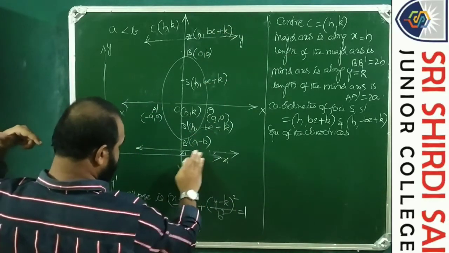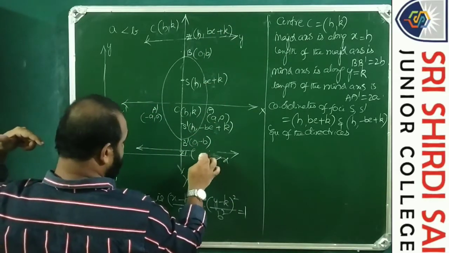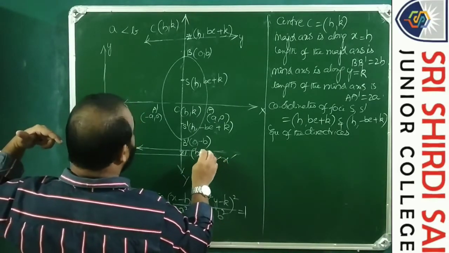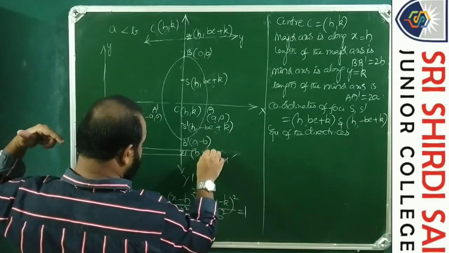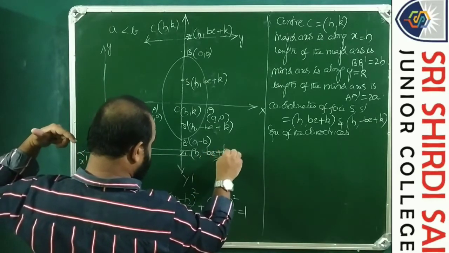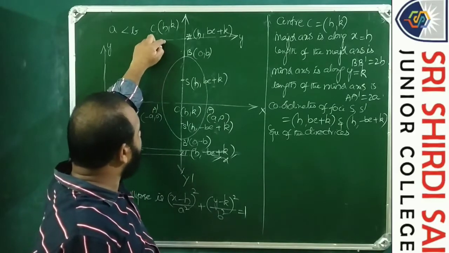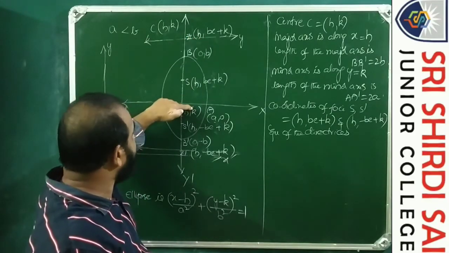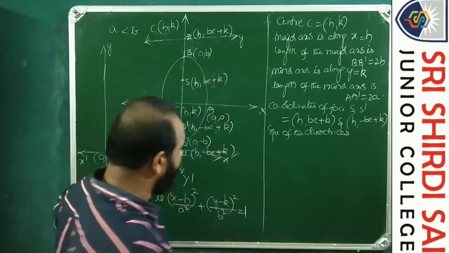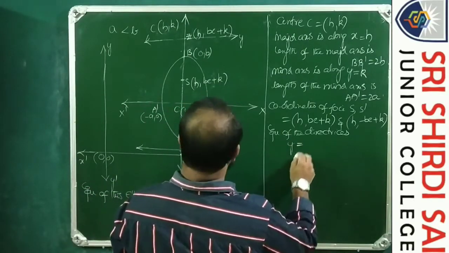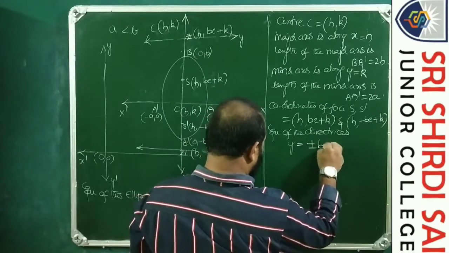Since these are parallel to the x-axis, y equals something, so y equals plus or minus b by e plus k.